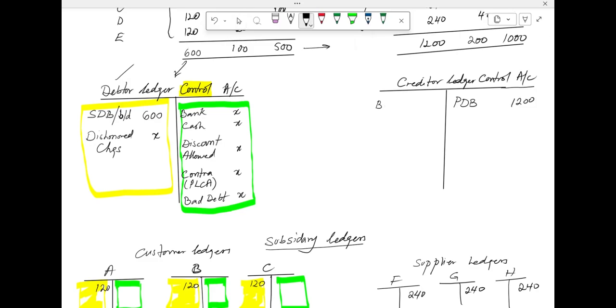When we pay our suppliers, it will reduce our liability, so we will have to record it on the debit side. Cash, discount received, contra with debtor ledger control account.